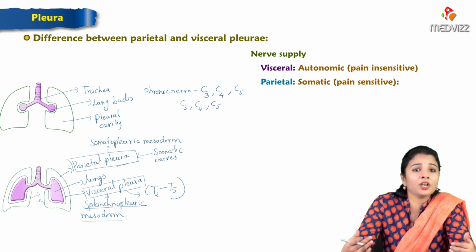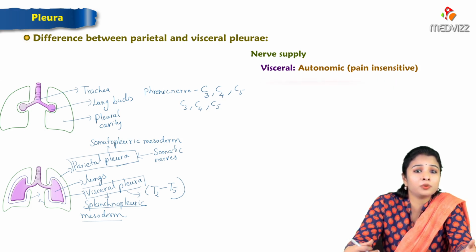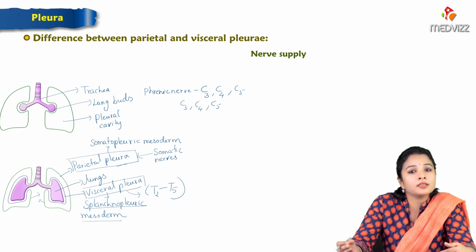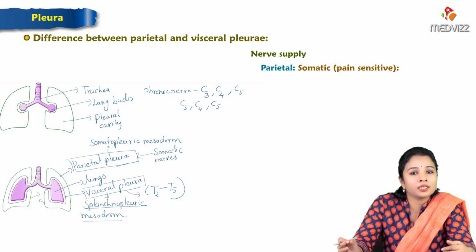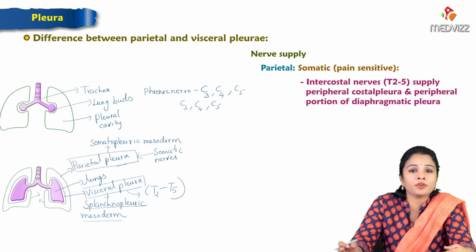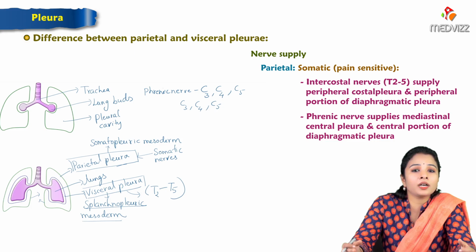To be specific, the autonomic nerve supply to the visceral pleura is from T1 to T5 segments and the parasympathetic is by the vagus. The parietal pleura is supplied by intercostal nerves from T2 to T5 segments, which supply the peripheral costal pleura, and the central part, the mediastinal and central diaphragmatic pleura, is supplied by the phrenic nerve.